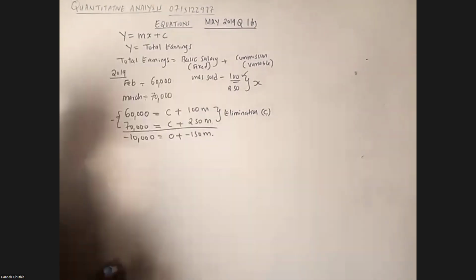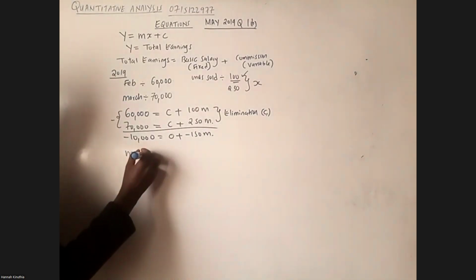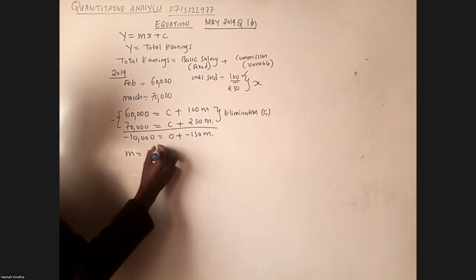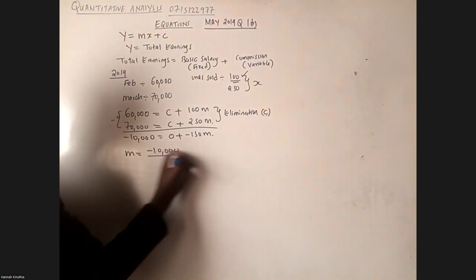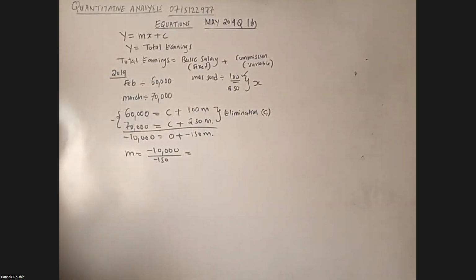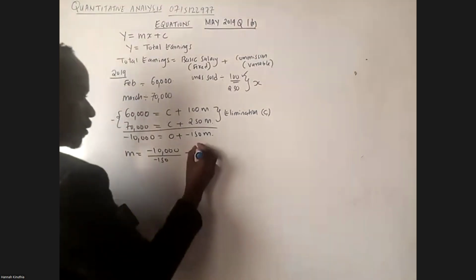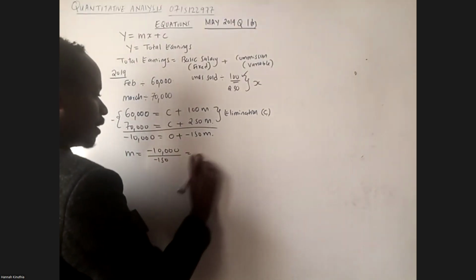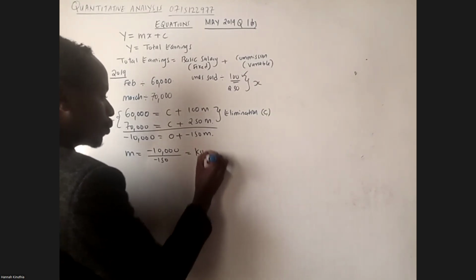So find the value of M. Now M will be equal to minus 10,000 divided by minus 150. What will be the value of M? Yes, it will be equal to 66 2/3. So it is in Kenya shillings. So 1 unit sold at which amount?